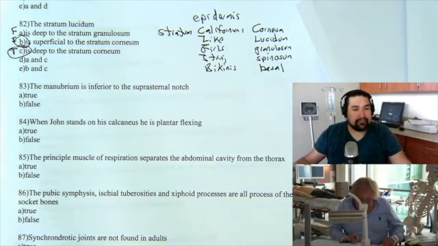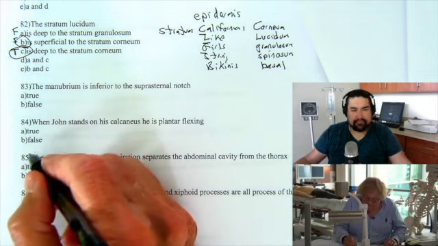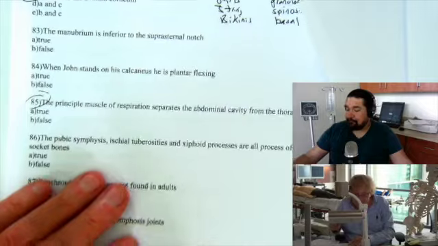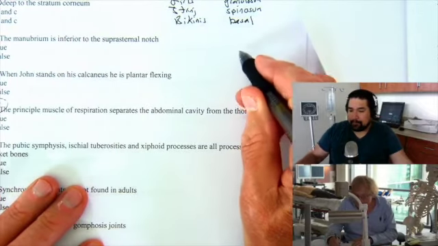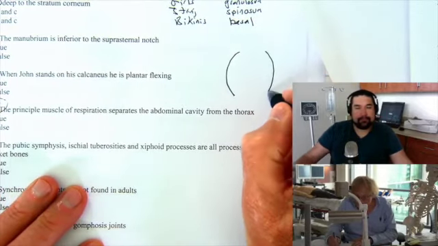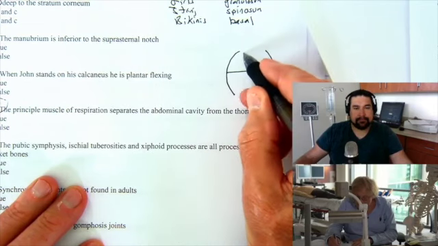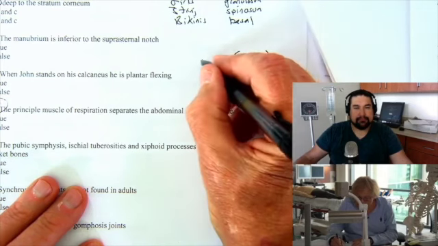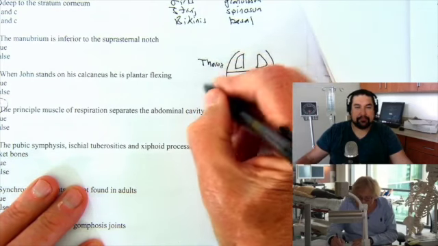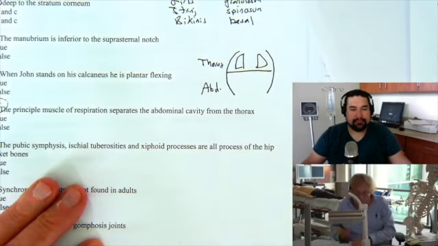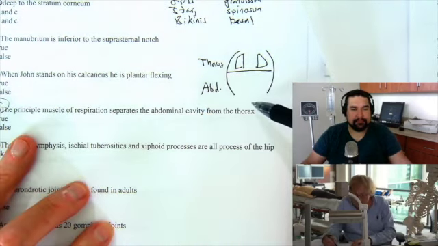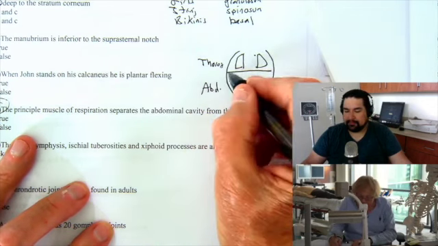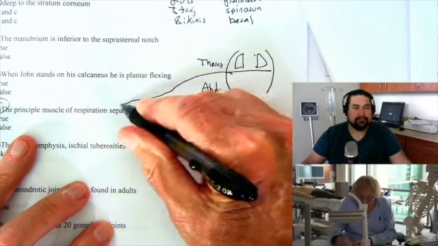Next one that I think we could take a look at, maybe 85. 85 says the principal muscle of respiration. Thinking very simply here, if I take the body and draw a line between the two, with my lungs sitting up here in my thorax and my abdomen down here, what separates the abdominal cavity from the thoracic cavity is the principal muscle of respiration, and that muscle is the diaphragm.